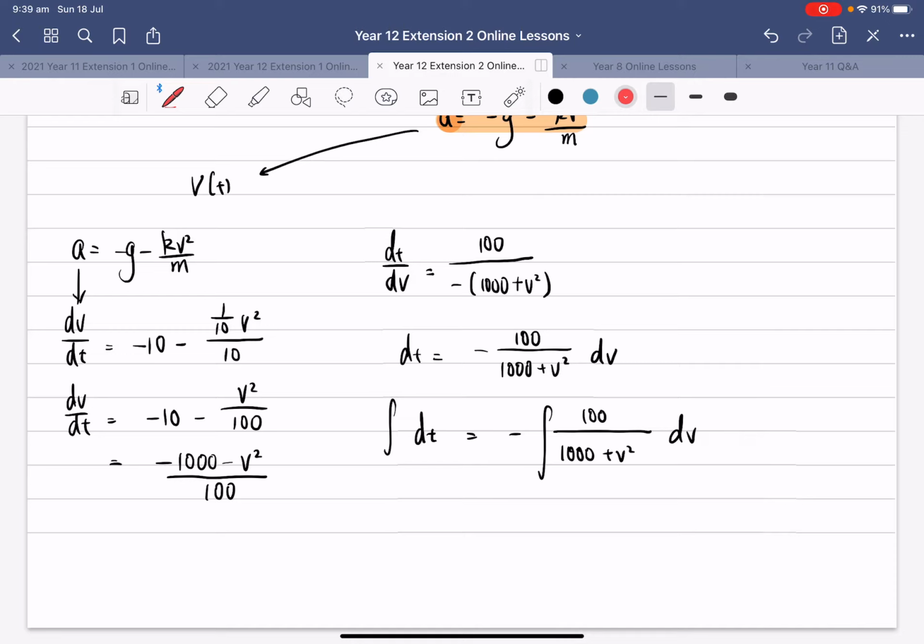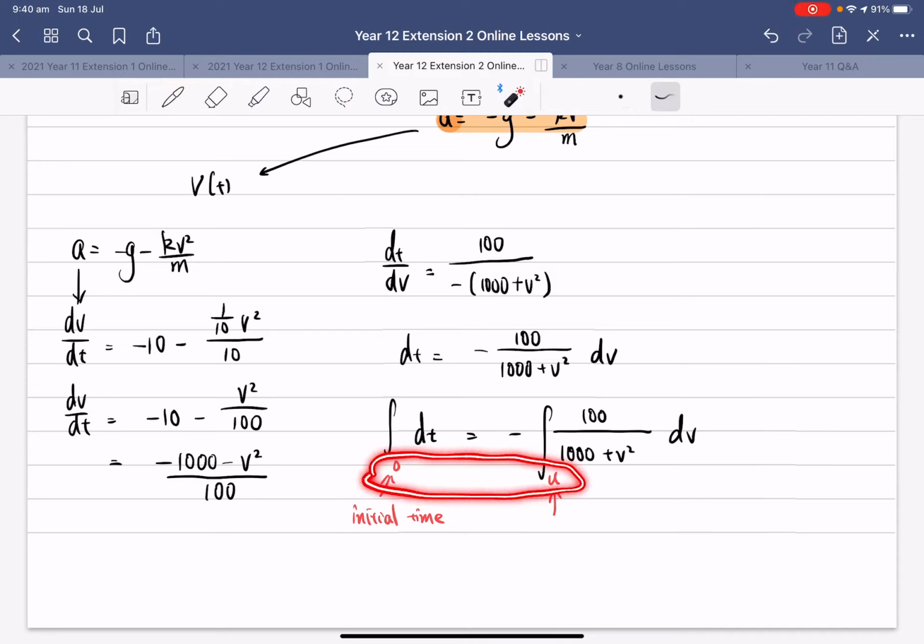Say, for example, you put the lower boundary as 0, which means the initial time, or the starting time. At the starting time, the velocity equals u, so you can put a u here. All of this is on the bottom, the lower boundaries. So this is the initial time, and the initial velocity is equal to u.